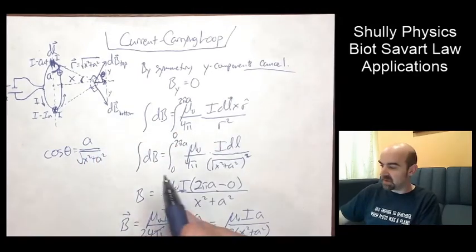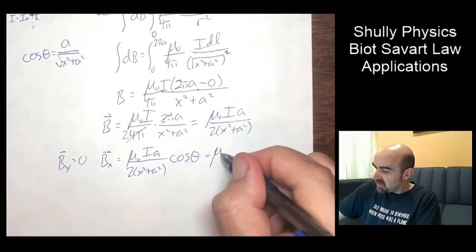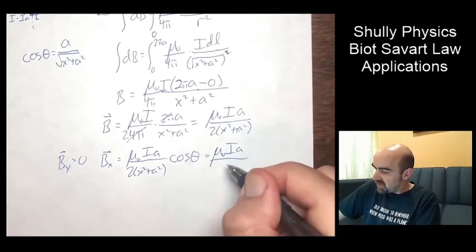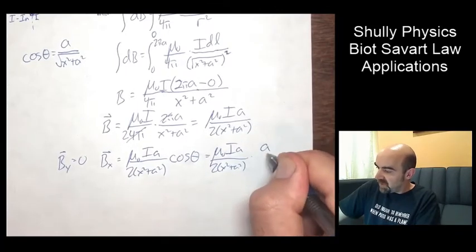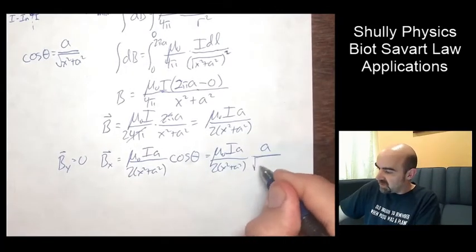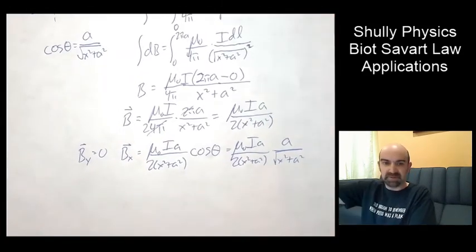I'm going to substitute that in down here: mu naught I a over 2 times x squared plus a squared, times a divided by the square root of x squared plus a squared.